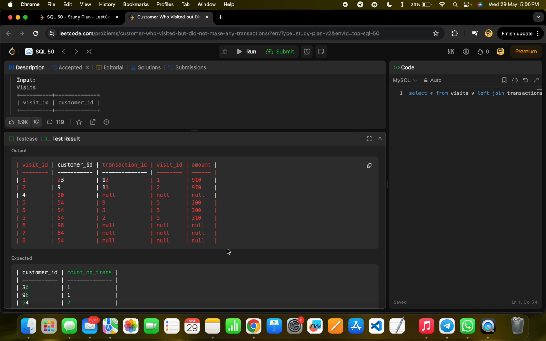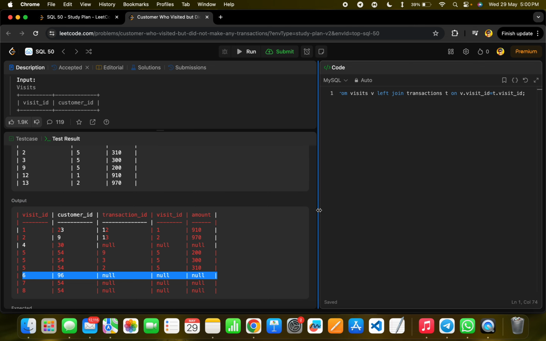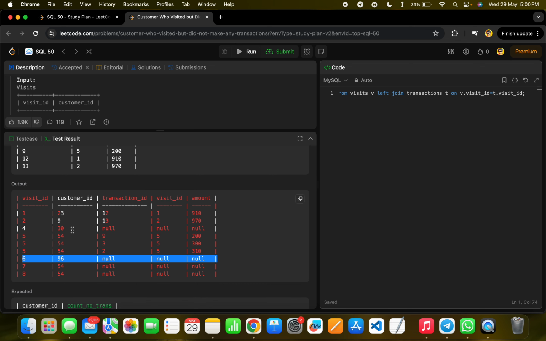Let us look at the output that we are getting. We want the records where the customer has not made any transaction. If the customer has not made any transaction, the transaction ID is null.